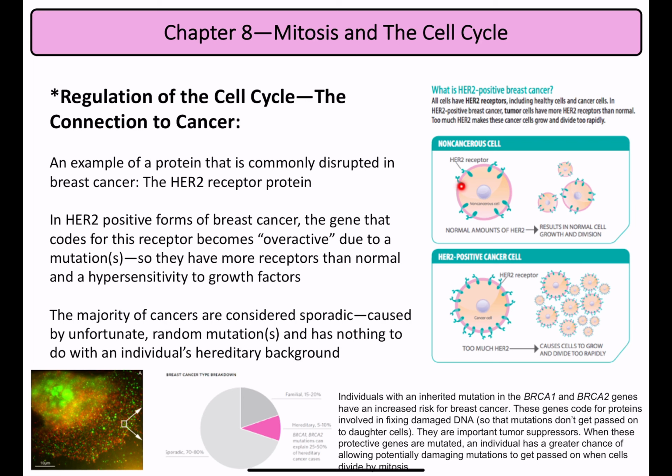So it's sending a false signal to rampantly divide. Another way is that sometimes that gene can get mutated so it's turned on too often. So you're building too many of these receptors, and it doesn't take much of that growth factor to get this cell to divide really rapidly. In any case, they're caused by mutations.